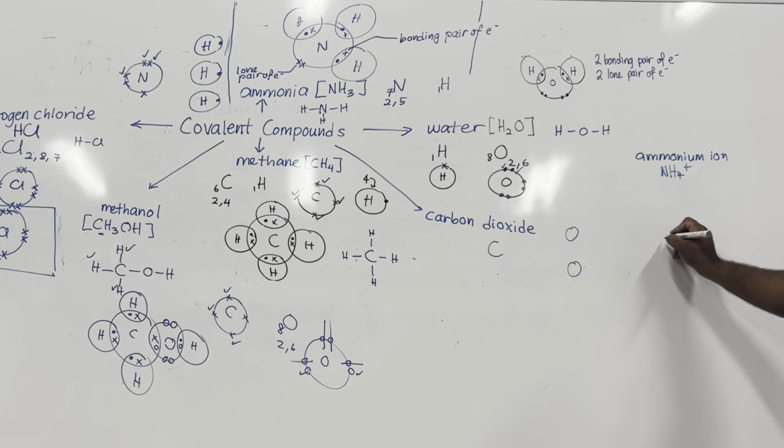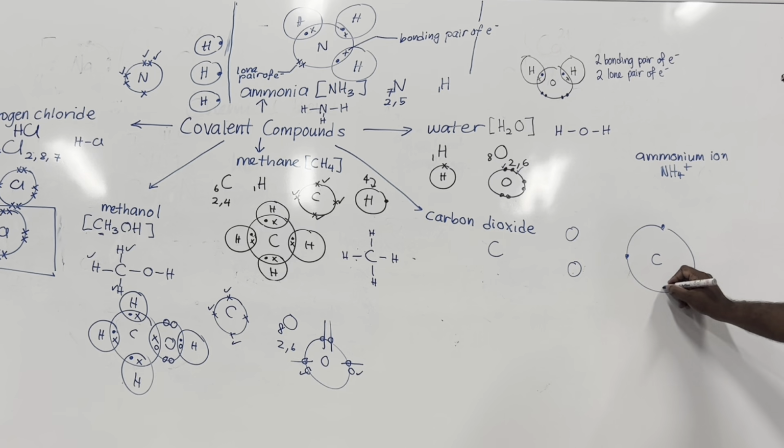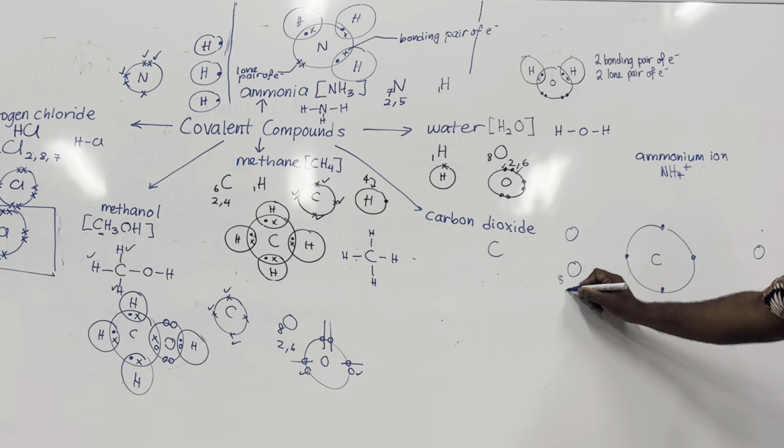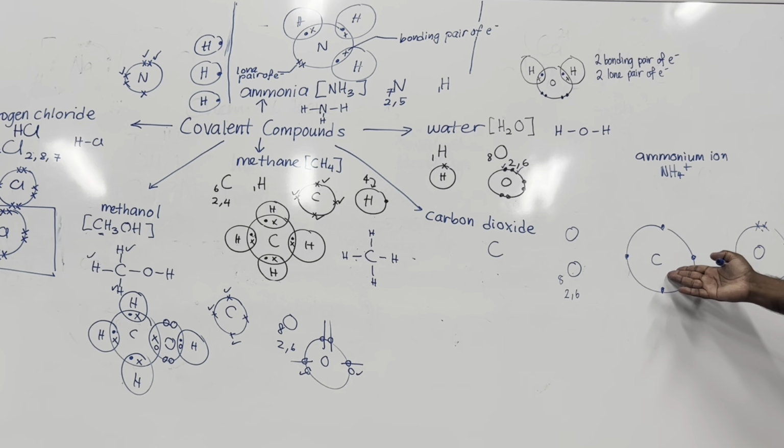Carbon has 4 valence electrons: 1, 2, 3, 4. Oxygen is 8, 2, 6, so oxygen has 6 electrons. Now for oxygen, they need 2. But for carbon, 2 is not enough. Carbon needs 4, so carbon needs 1 more oxygen actually.